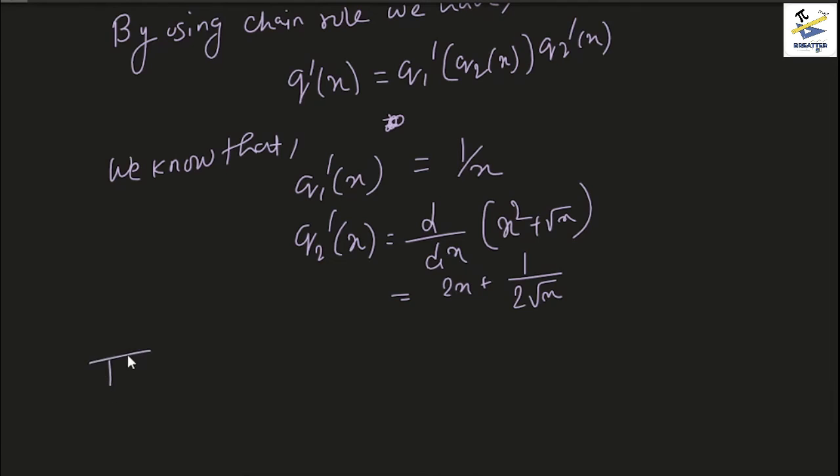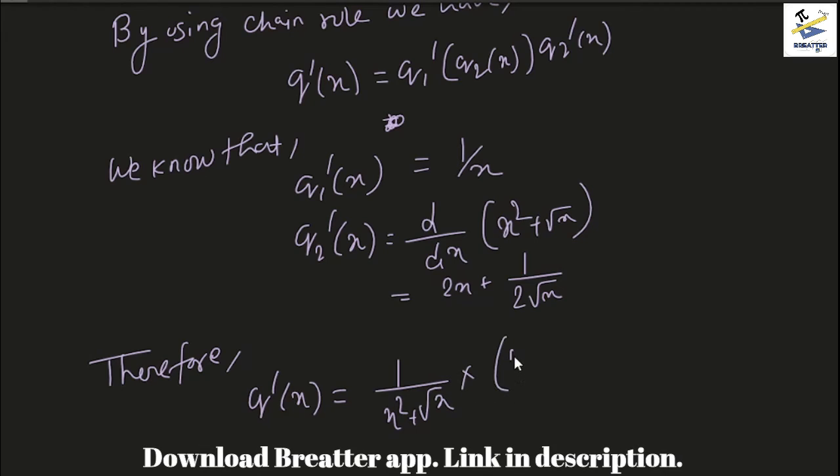Therefore q prime of x is equal to, so 1 by q2(x) was 1 by x square plus root x, so 1 by x square plus root x multiplied by 2x plus 1 by 2 root x.